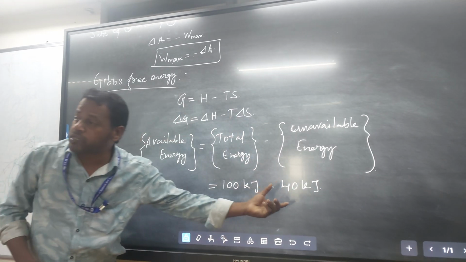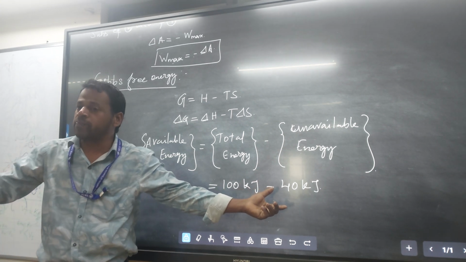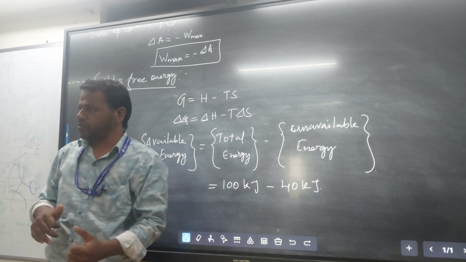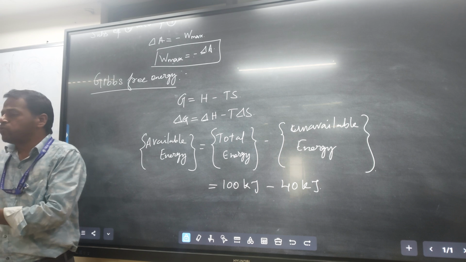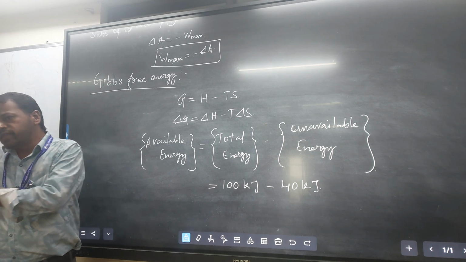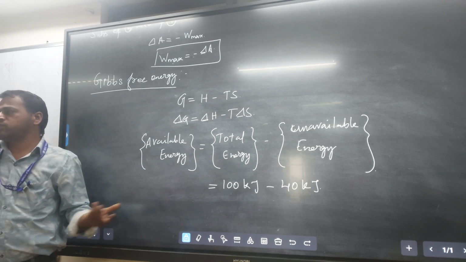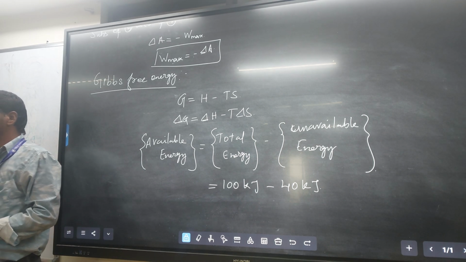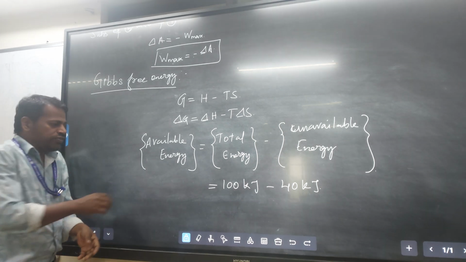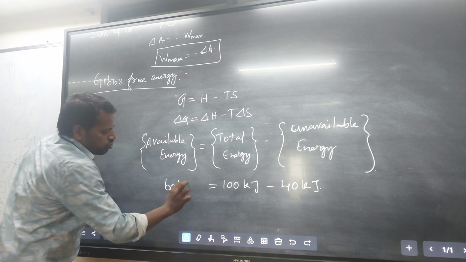That means this much energy, 40 kilojoule per mole, is used by the system to do the useful work. What is the available energy? 60 kilojoule per mole. Okay. The rest of the energy is 60 kilojoule per mole.